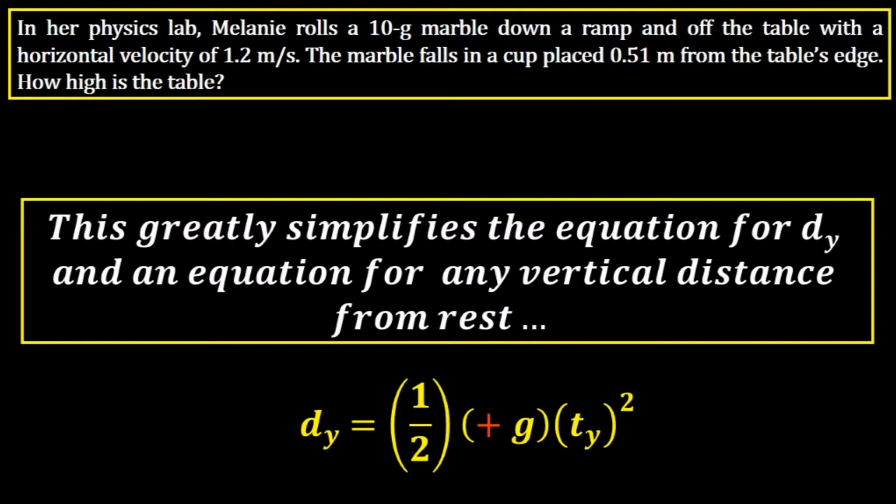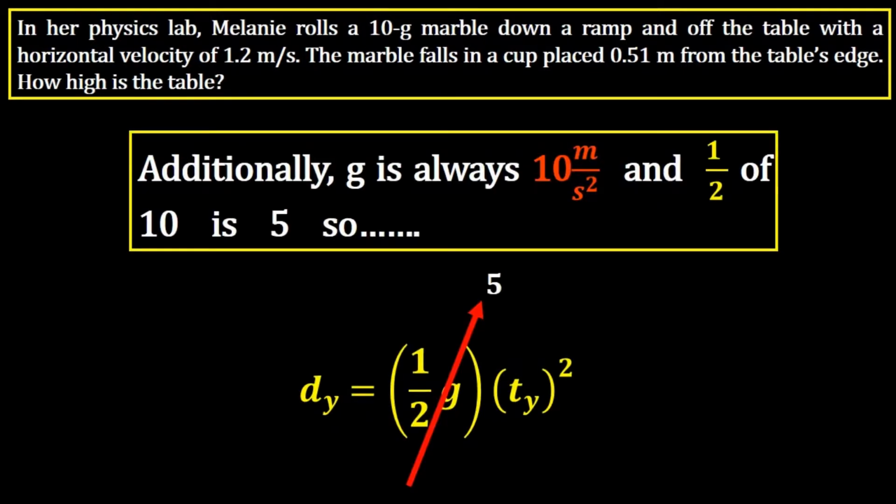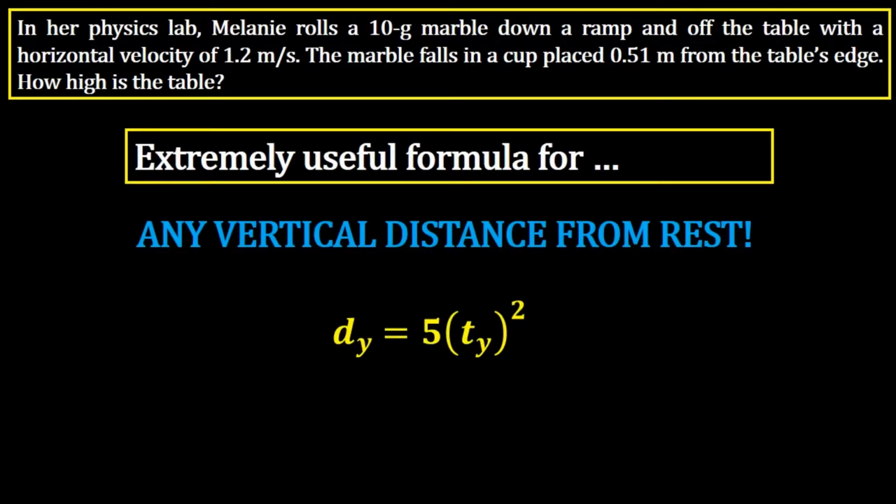So it's ultimately going to be dy equals 5 ty squared. So I'm going to come up with a very convenient equation to measure dy. Any vertical distance from rest is going to be dy equals 5 ty squared.